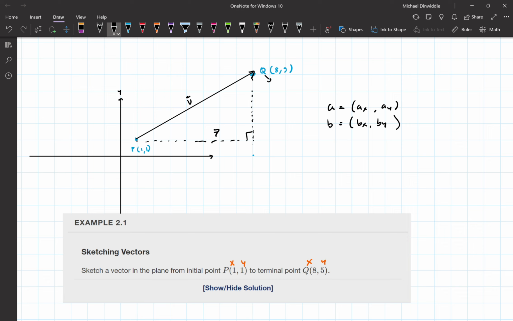For any points A and B, the side lengths of the triangle, this is not great nomenclature, but just roll with me on this, are going to be bx minus ax and by minus ay.